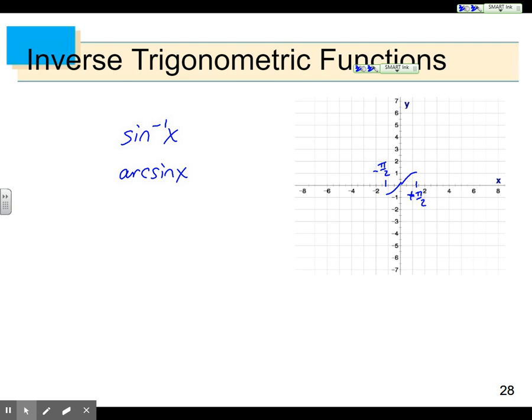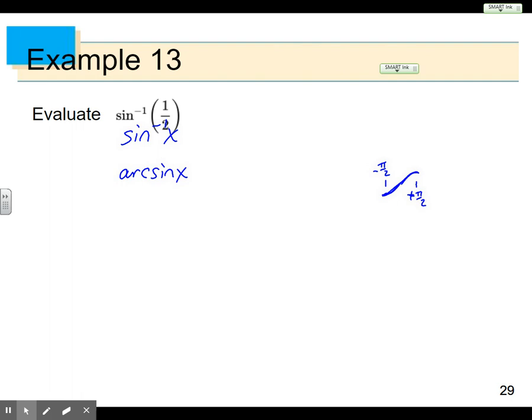And so both of them would only use values on my sine function that range from negative pi over 2 to pi over 2. So what that allowed us to do last year was we were able to do inverse trig functions.